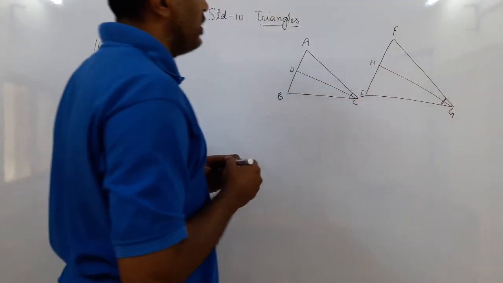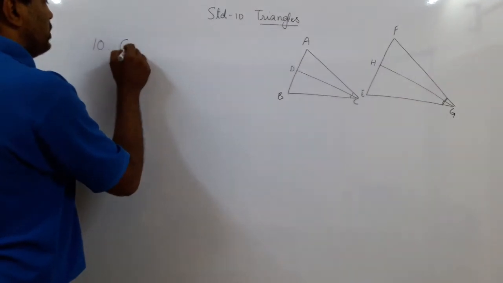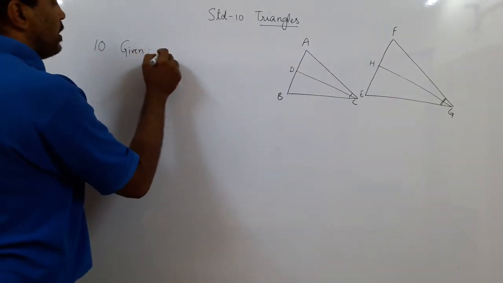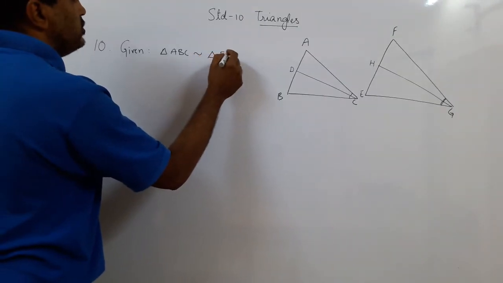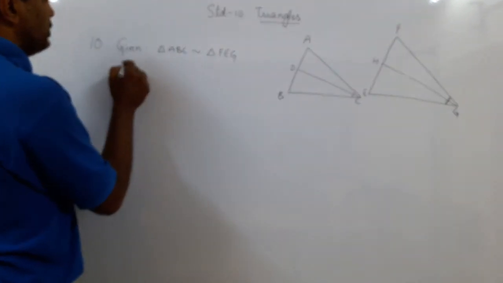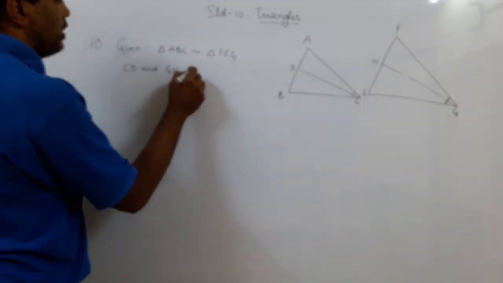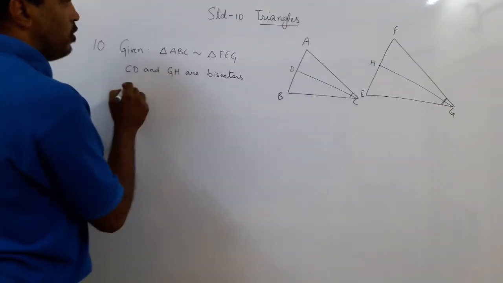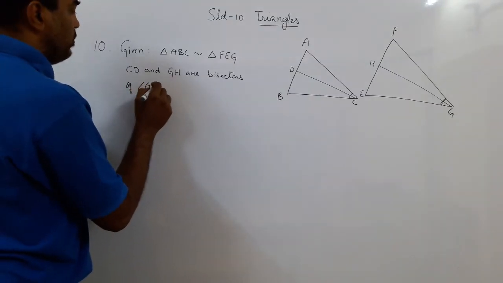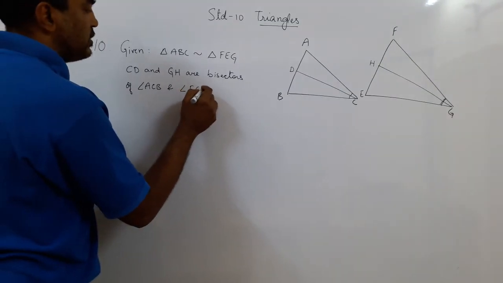Okay, so what are we given? Are you following? Let me write here what is given to us. Triangle ABC is similar to triangle FEG. Given CD and GH are bisectors of angle ACB and angle FGE respectively.